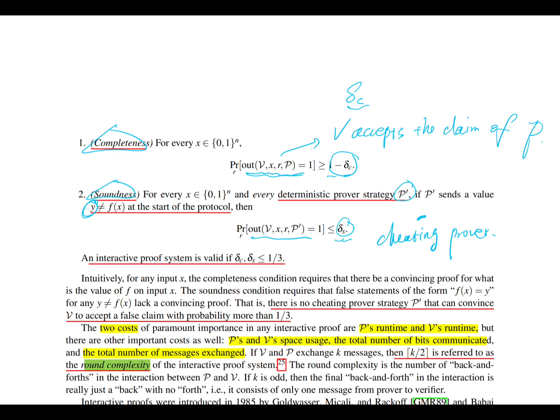This value is named the soundness probability, or soundness error. The values are given such that both delta C and delta S should be less than 1/3.